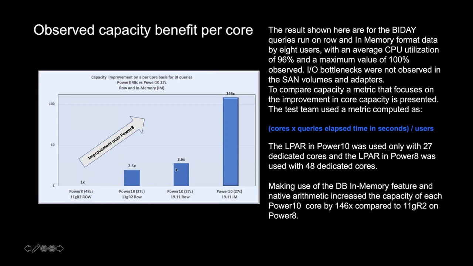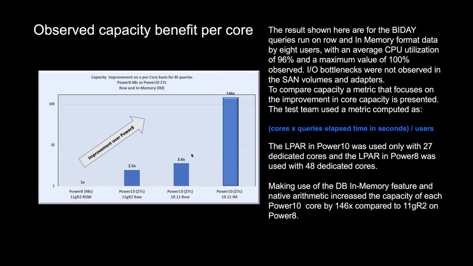Interestingly, even with the traditional row format, we saw benefits from database 19C. So remember, moving from 11GR2 row format to 19C, we again saw improved benefits on our Power 10 processor. So another benefit of moving to 19C.